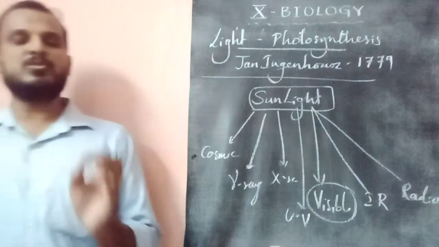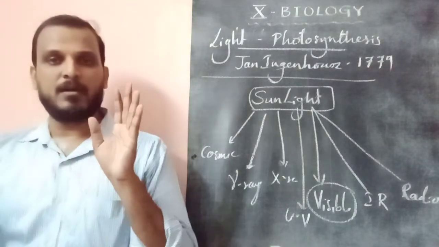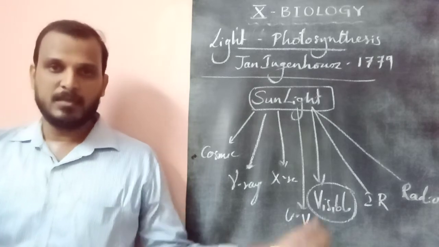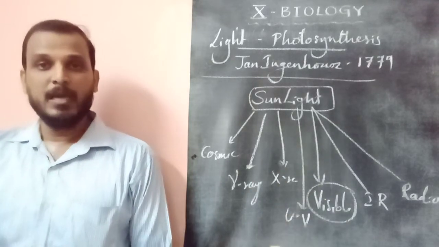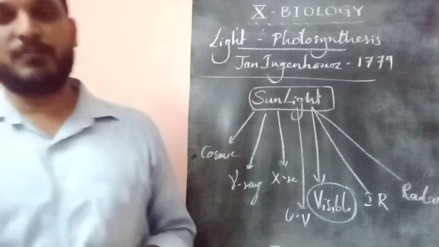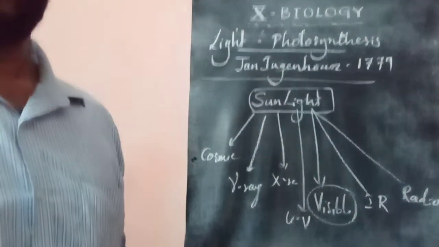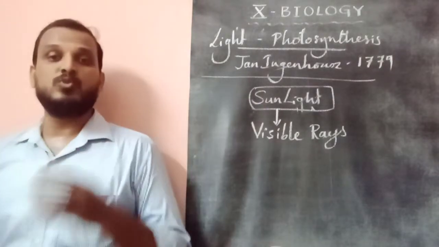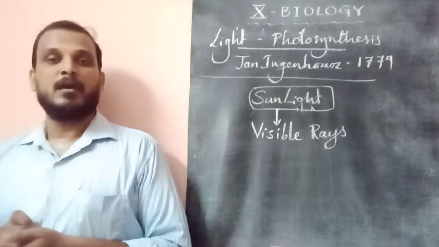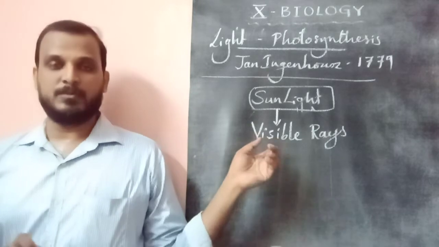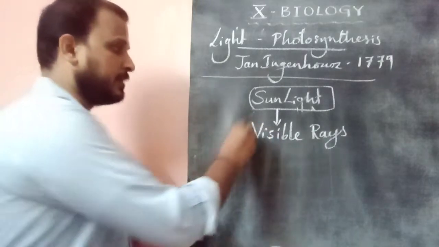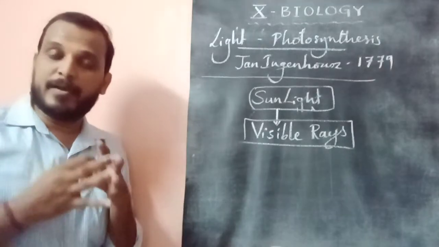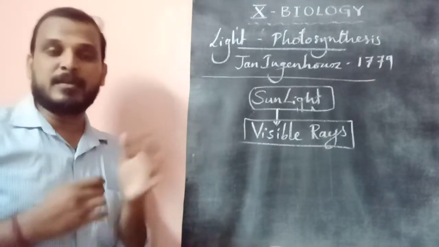Which light is useful for us without causing harm and is used for photosynthesis? The visible rays. They are among the important rays useful for our vision and for photosynthesis. The visible rays are again divided into a spectrum of 7 colors, as you know well.